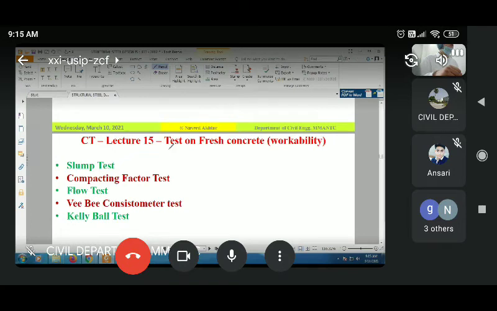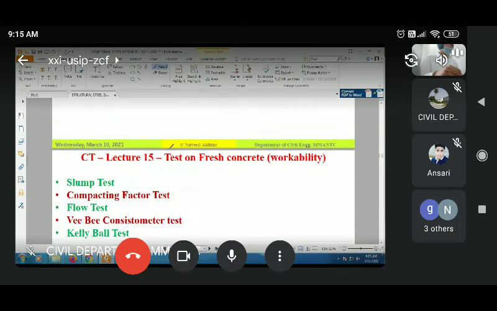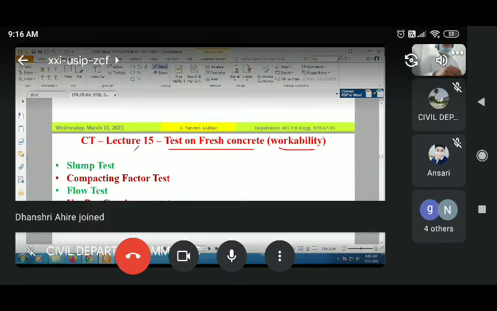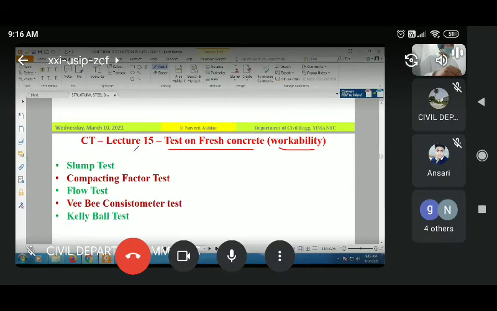Then we will come to the different tests on the fresh concrete, that is on the workability of your concrete, because the measure of fresh concrete is nothing but to know the workability of concrete, and there are different tests to find out the workability of concrete.